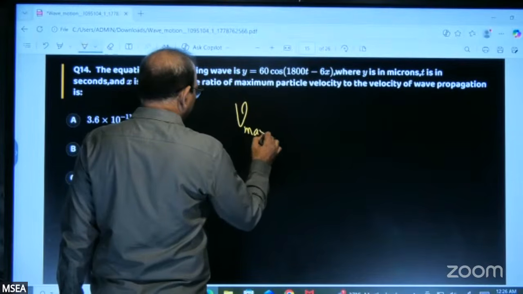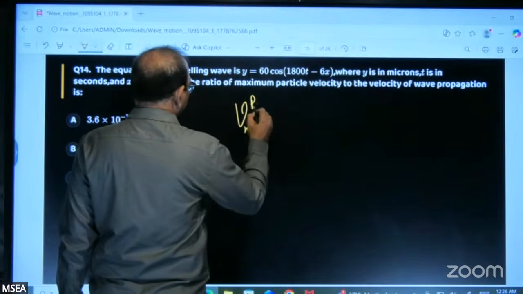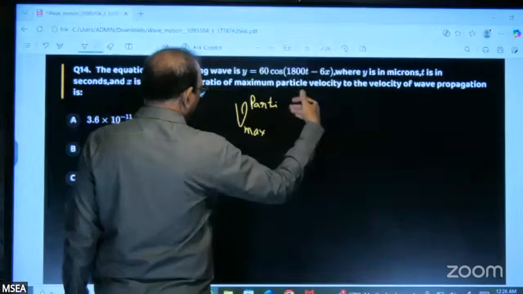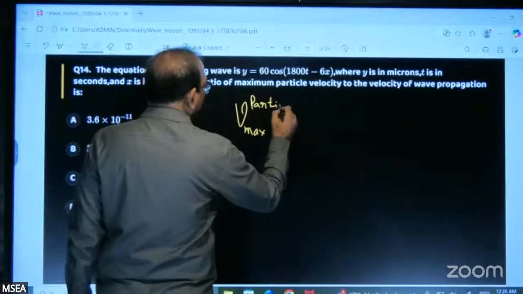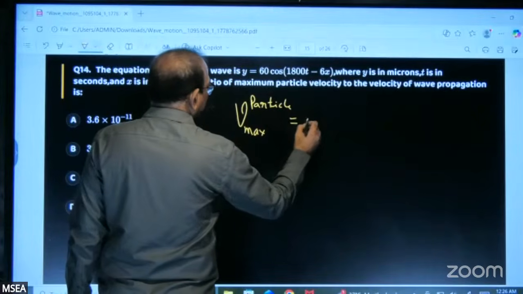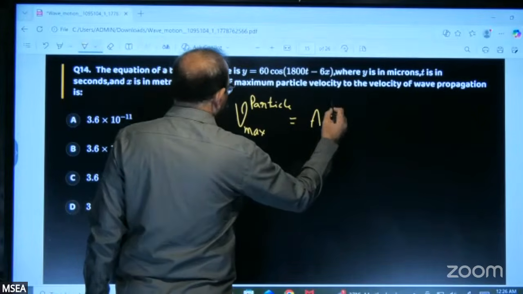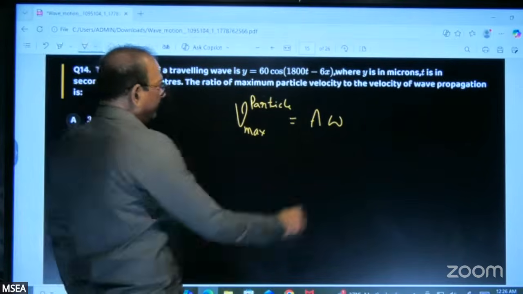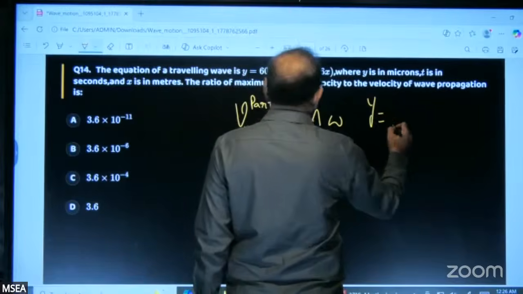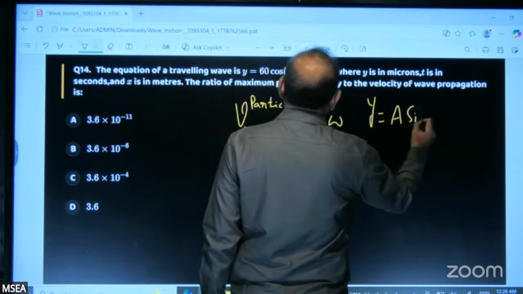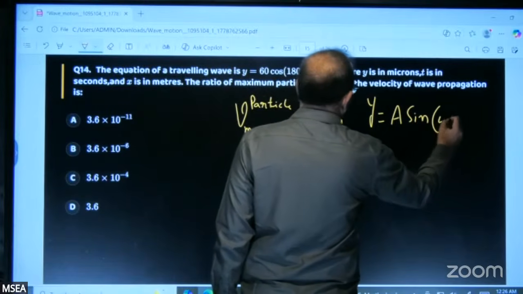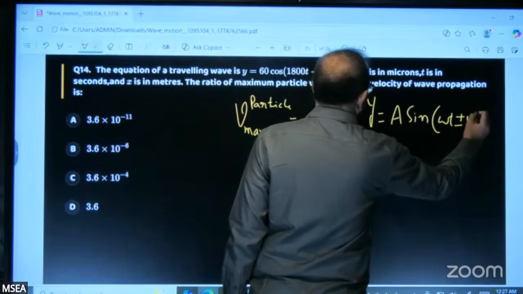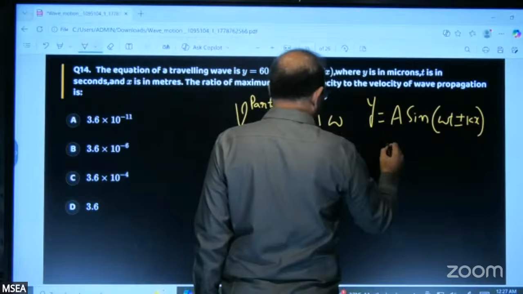Particles make simple harmonic motion in the wave. Maximum particle velocity is A omega. And the wave equation is y equals A sin(omega t plus or minus kx).